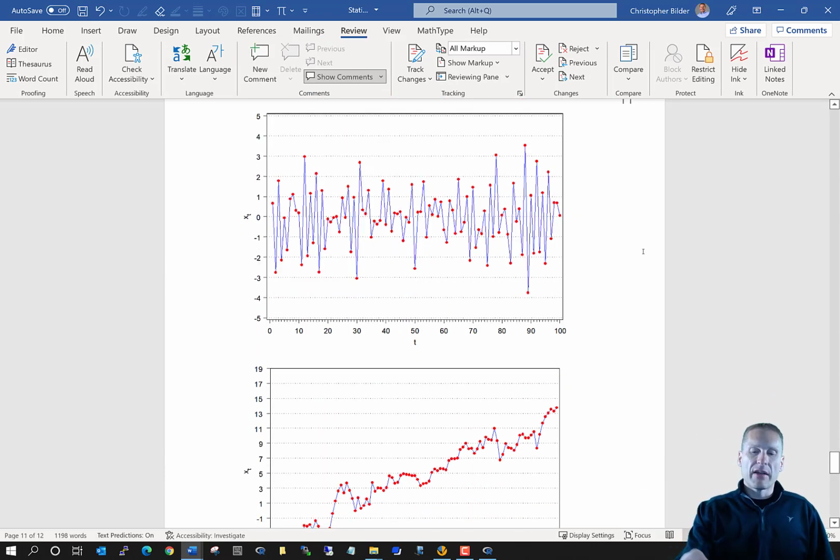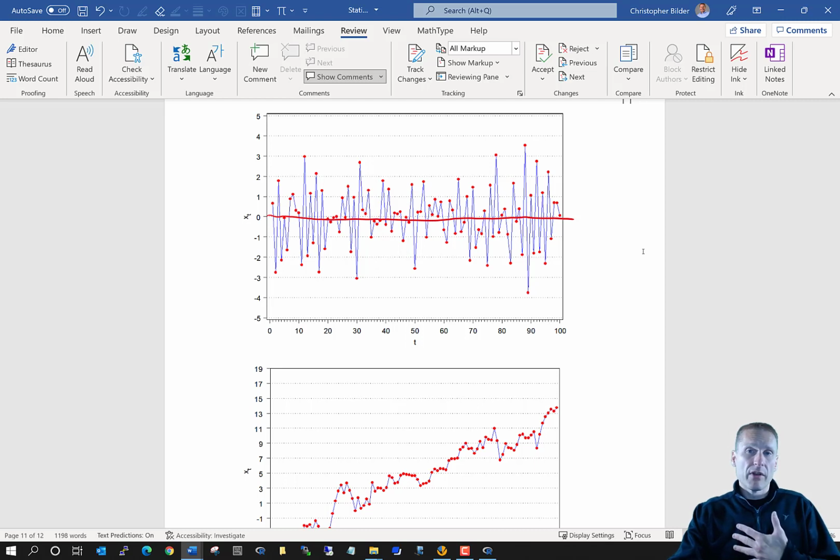Contrast that to this particular setting in terms of the mean. Notice it seems like everything's going around about 0 in terms of these observed values. Of course, we don't know exactly what mu is, but I would expect mu to be somewhere in the middle of those time points, so about 0. What we also see in this time series is that the variability seems to be constant across the different time points.